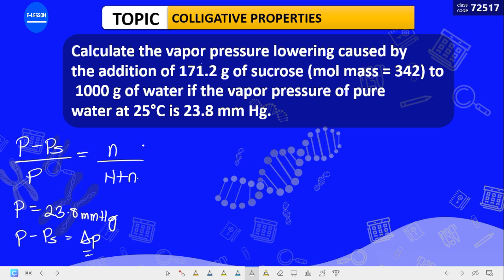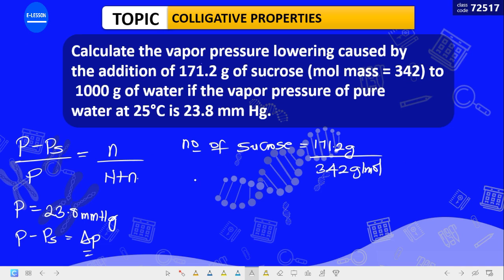Now, you were given the mass of sucrose, but you need to calculate the number of moles of sucrose. Now, number of moles of sucrose, of course, we know is mass all over molar mass. Now, the mass is 171.2 gram divided by the molar mass of sucrose, which is 342 gram per mole.